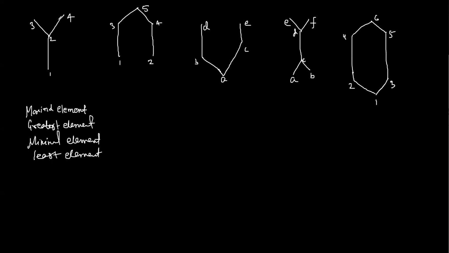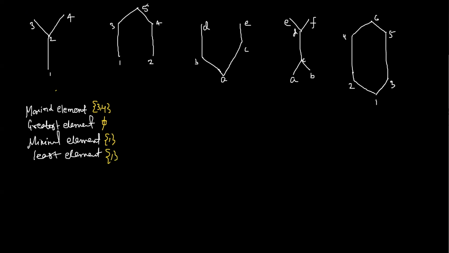First tell me what is the maximal element of this graph, Hasse diagram? 3, 4. Okay. But this is not unique, so greatest is 5, right? Yes. What is the minimal element? Only 1. So least element will be 1, right?